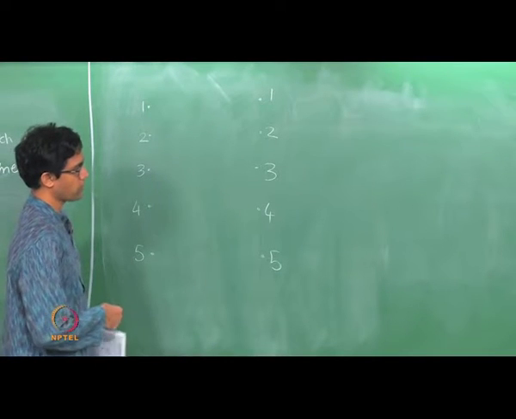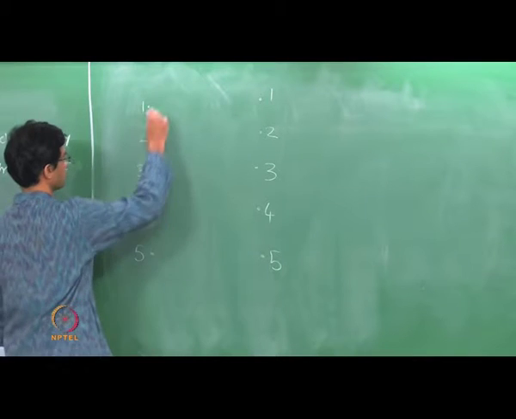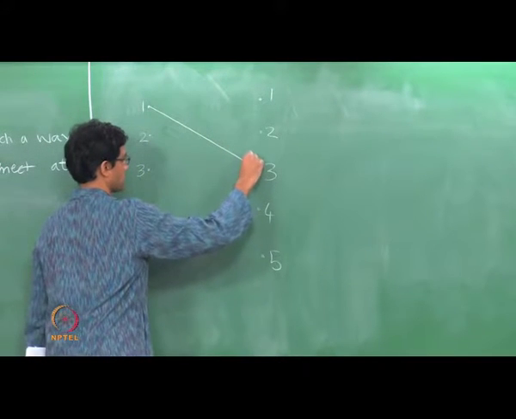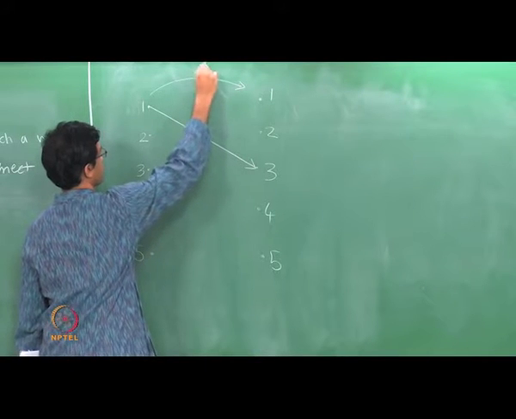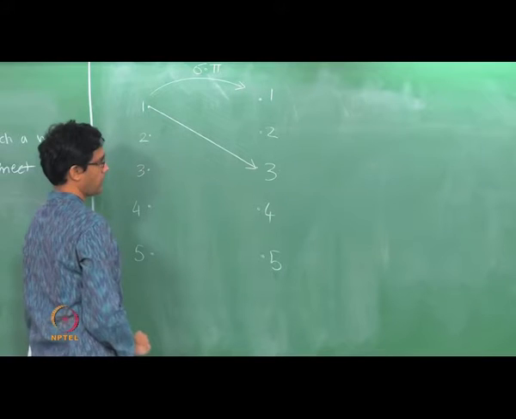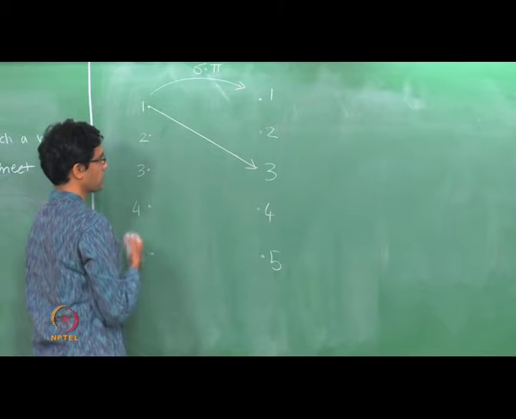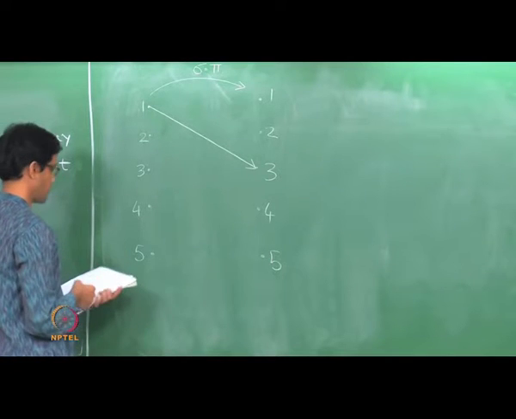So for instance 1 maps to 5, which in turn maps to 3. So 1 should go to a 3 under the composition. I am now going to draw the diagram for the composition of sigma pi. So 1 maps to 3, so I am just using the definition, you should check that this is in fact correct by actually using the definition.